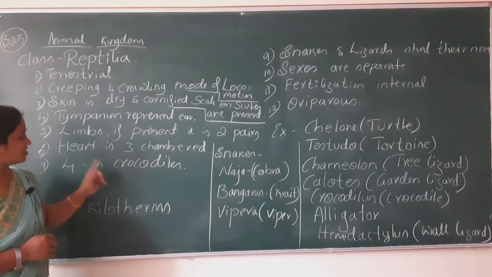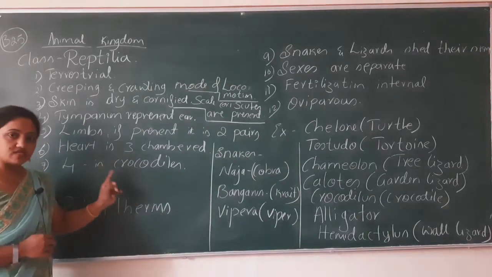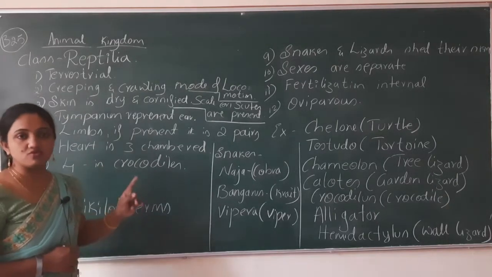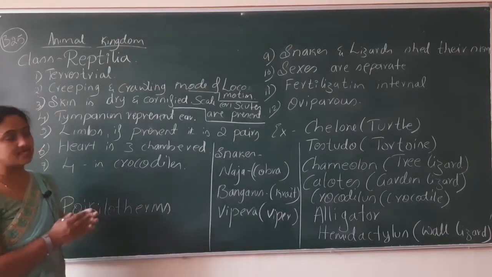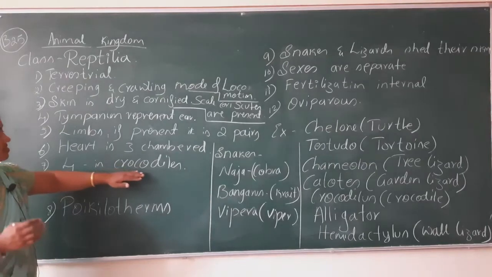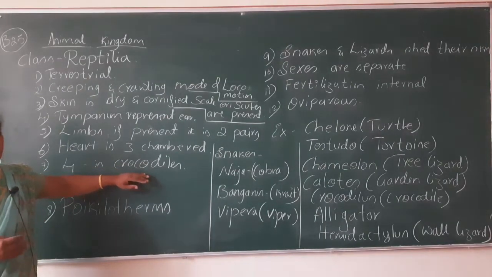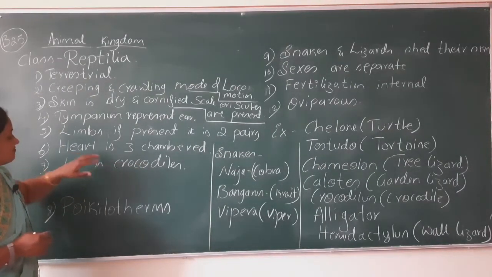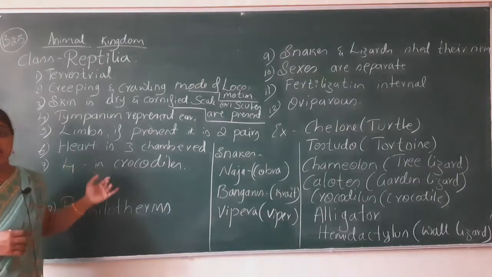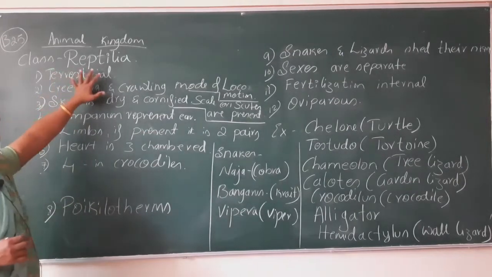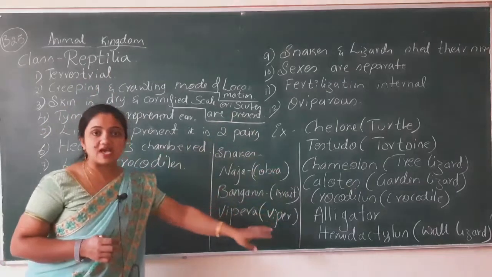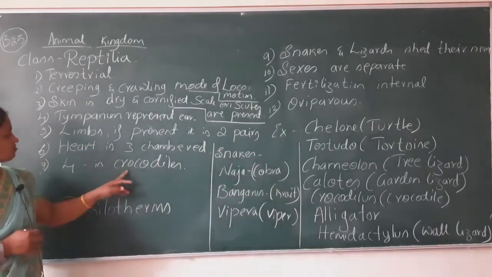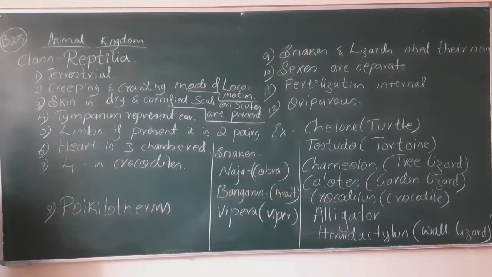Four chambered heart is present in crocodile. This is the only animal having one more extra chamber in its heart, which is known as the exception in class Reptilia. Almost all organisms have three chambered hearts, but crocodiles have four chambered.